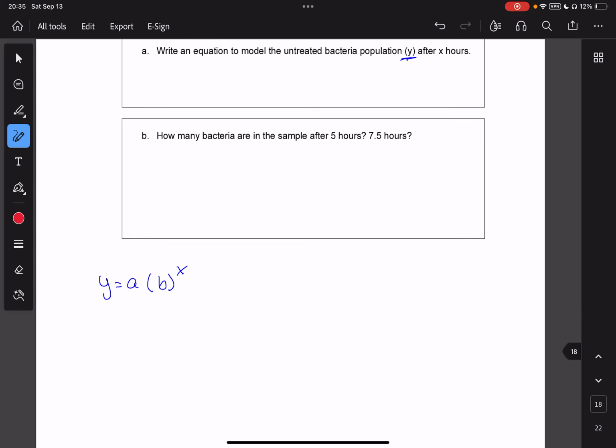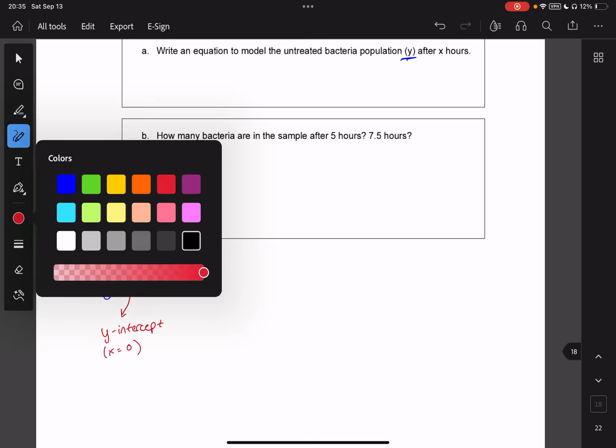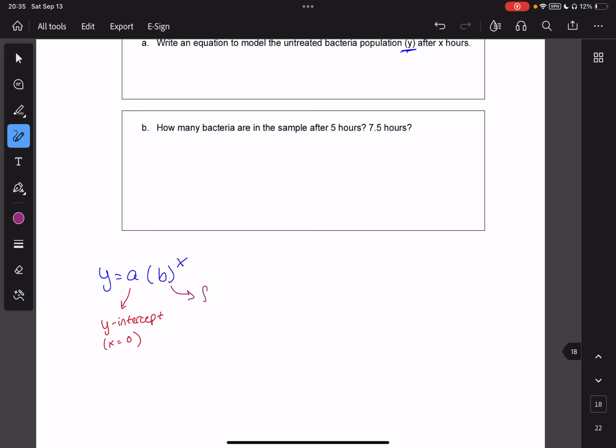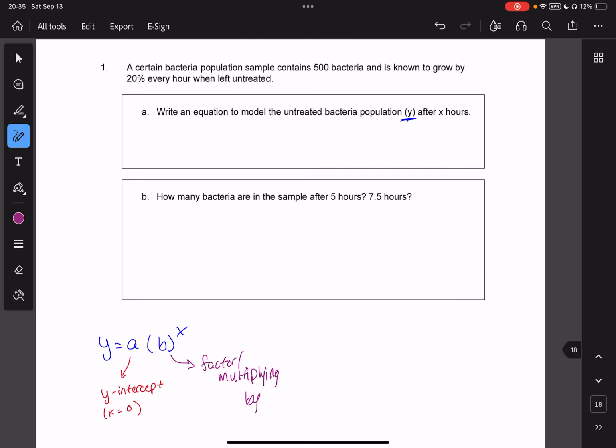If you haven't, all this means is that our A is our y-intercept when our x is 0. That's what our y-intercept means. And then our B is our factor, or basically what we're going to be multiplying by. That's all that means. So we're going to write an equation to model the bacteria Y after X hours.